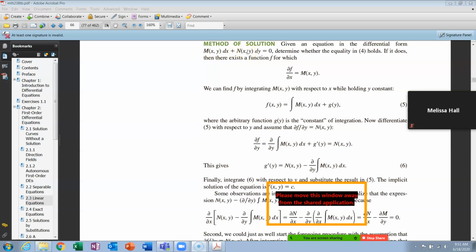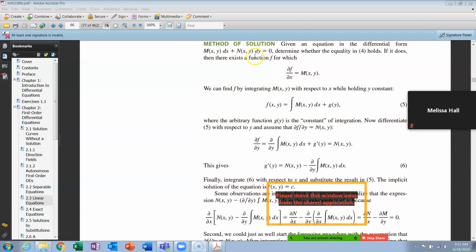Now, this entire thing is supposed to represent basically your df, okay? Not partial. That is your total derivative. I couldn't think of the word. The total derivative of f, okay?